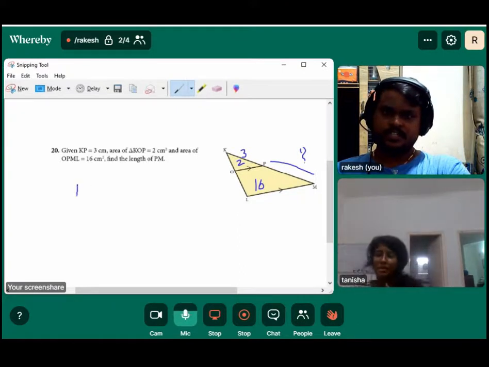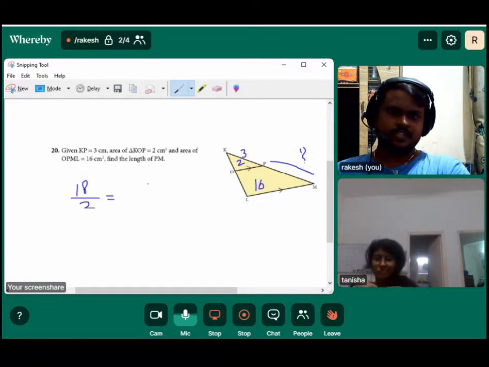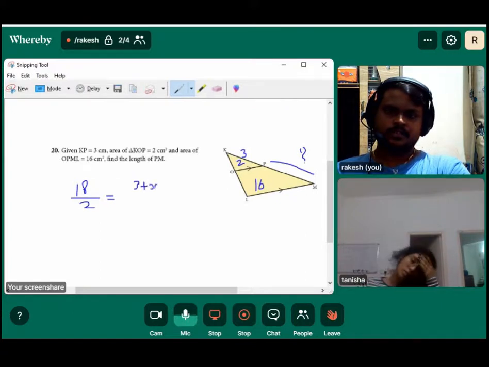See, the area is 16 plus 2, which is 18, so 18 upon 2 is equal to, see, I've added both the areas, so 2 upon 3 plus, if I put this as x, x square upon 3 square, which is 9.